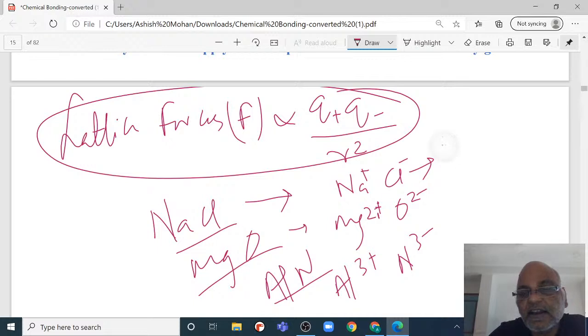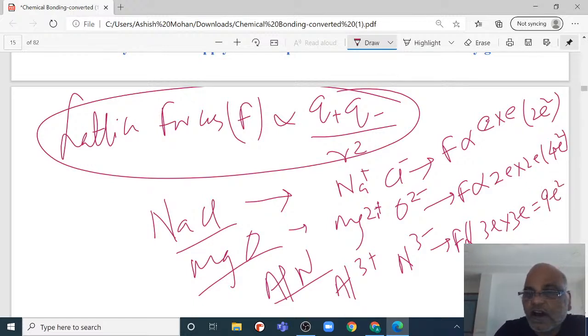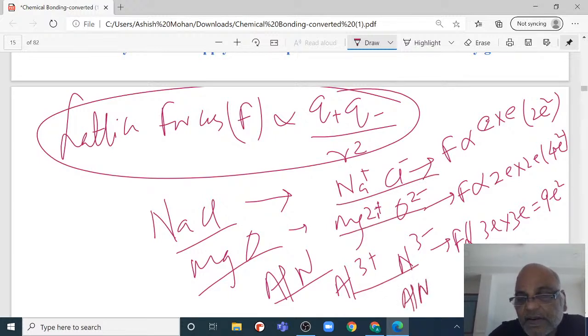In the first case, lattice force F is directly proportional to E into E, that is E square. In the second, F is proportional to E into 2E, that is 2E square. In the third, it is proportional to 3E into 3E, that is 9E square.